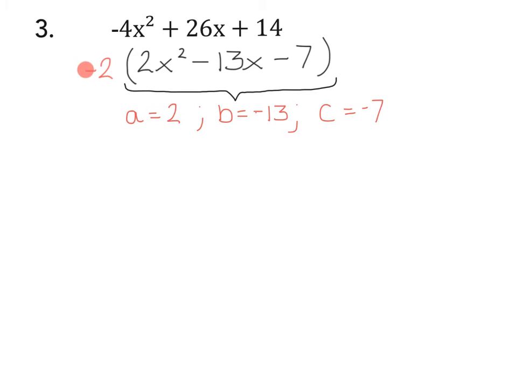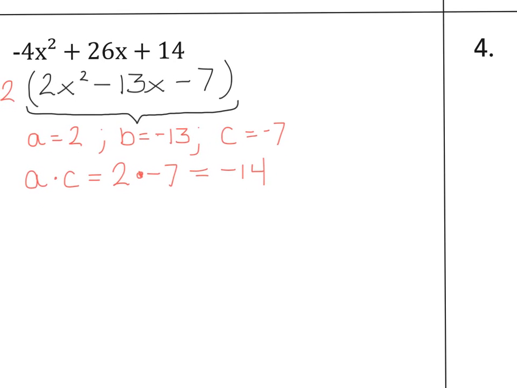Here we multiply a times c. In this case, that would be 2 times negative 7, which gives you negative 14. Negative 14 tells us that we need to find the two factors that multiply to negative 14, and the same two that add to negative 13.